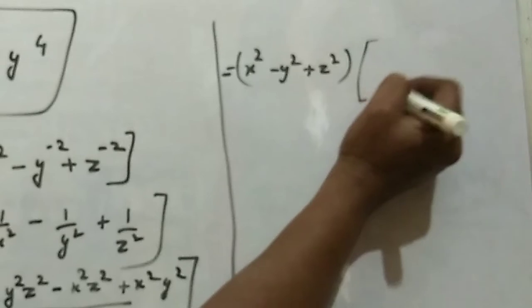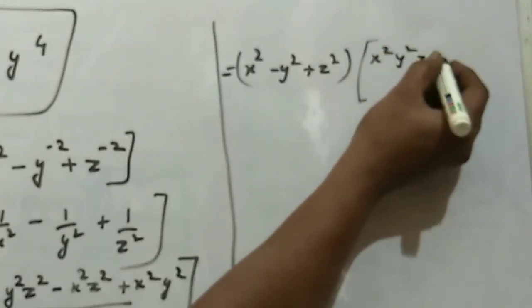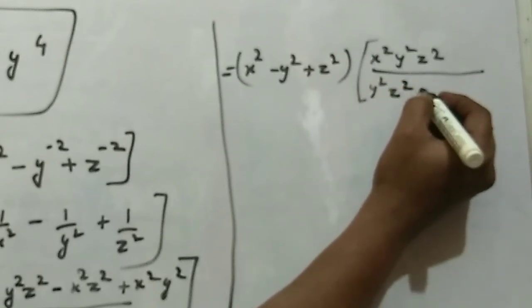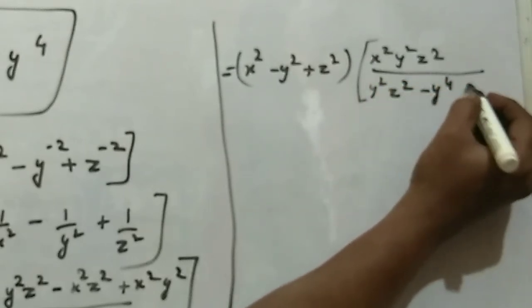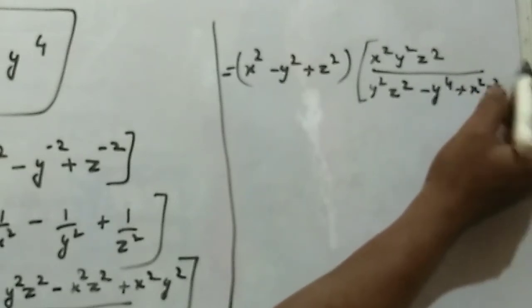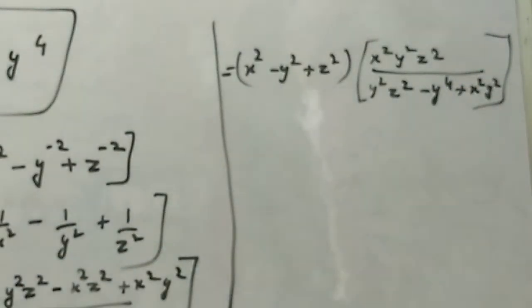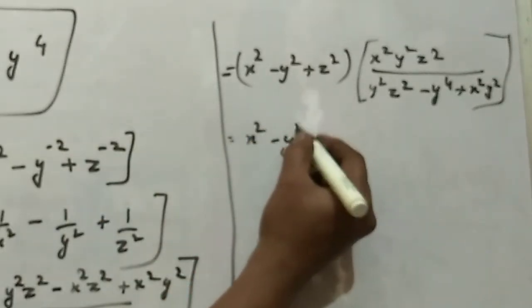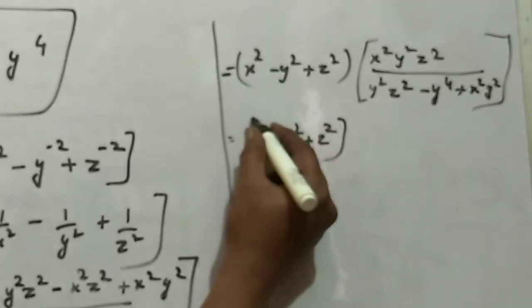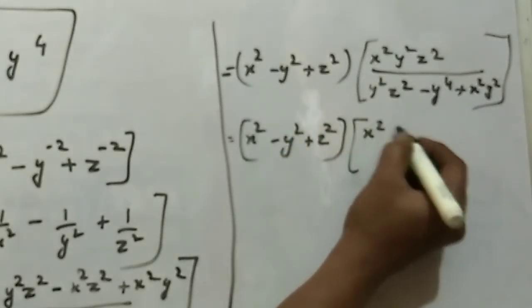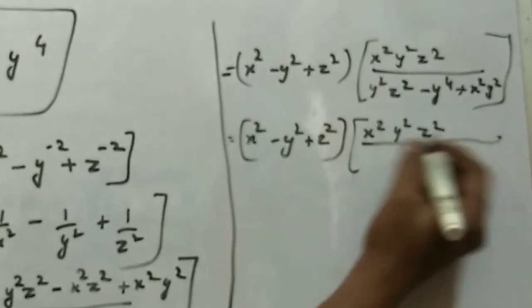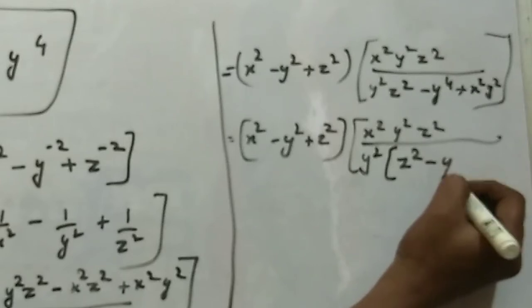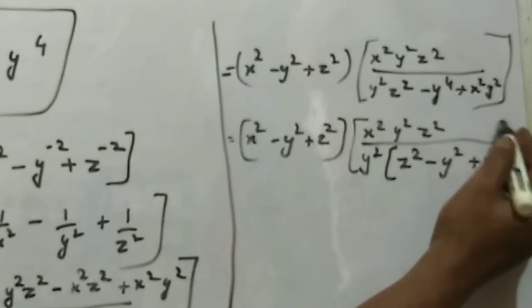So I am going to write x²y²z² upon y²z² − y⁴ + x²y². Now, (x² − y² + z²) into x²y²z² upon y² common, (z² − y² + x²).